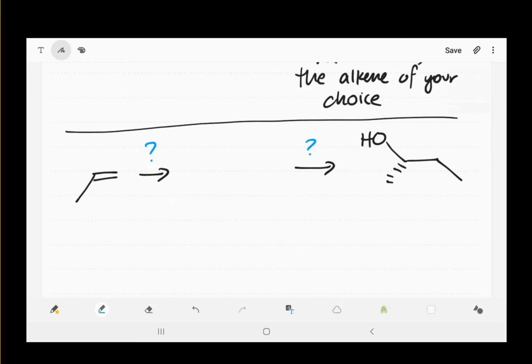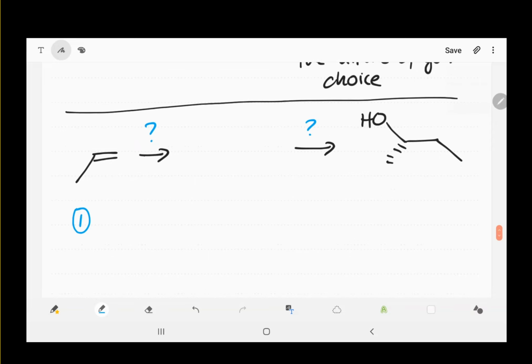What's different between our starting material and the end? We've introduced 2 things in here. What's the obvious thing we've introduced? OH. Oh, right. Now we've thrown in OH, so that's one thing we've seen.